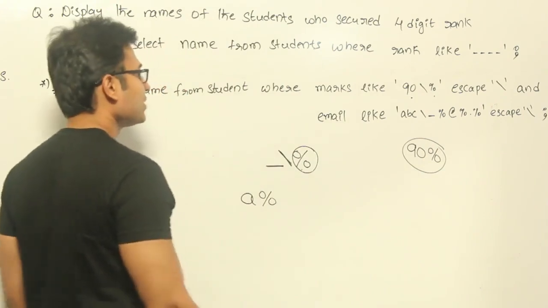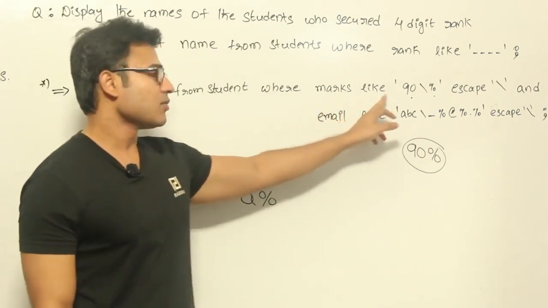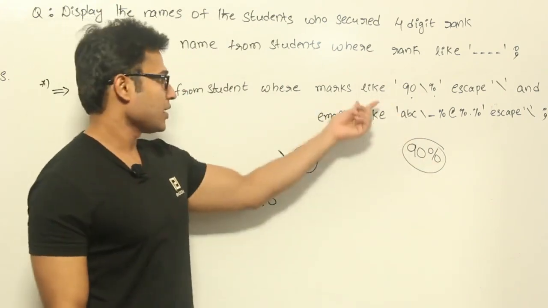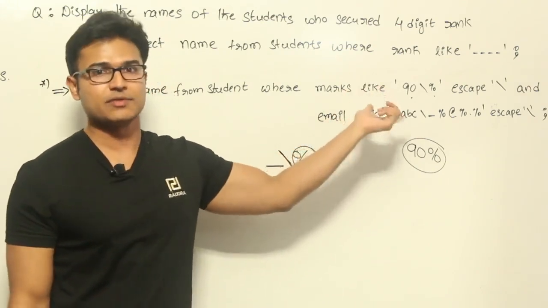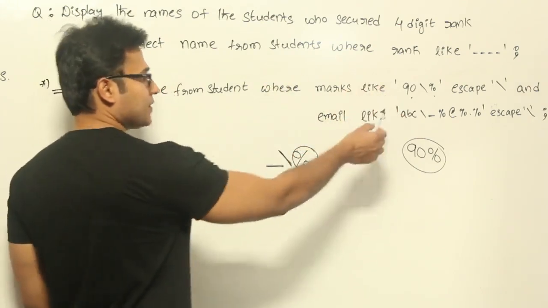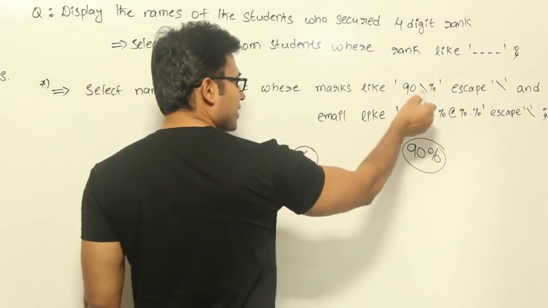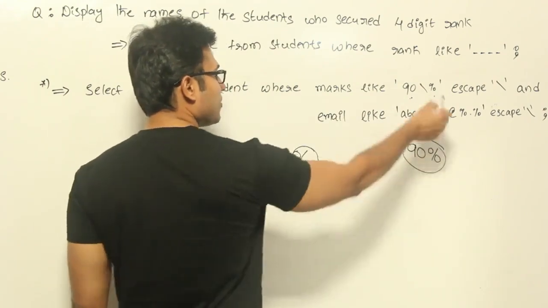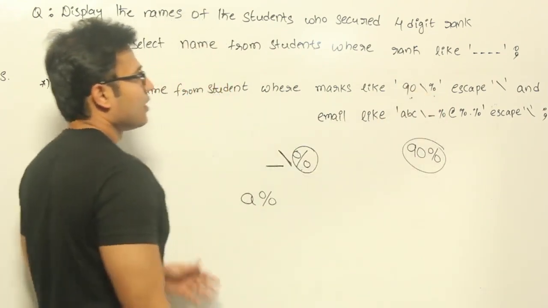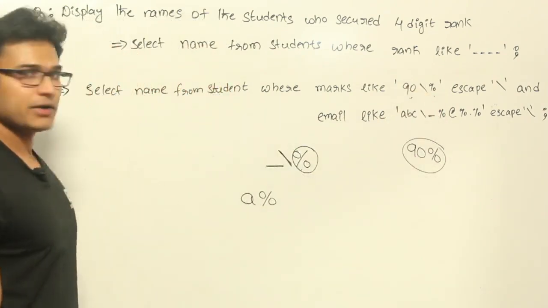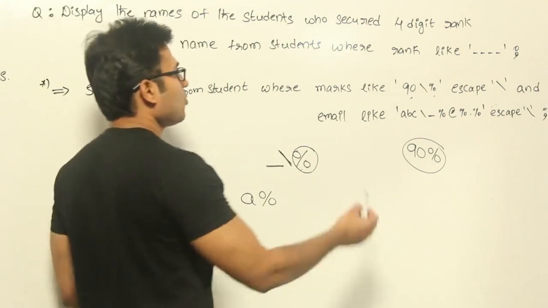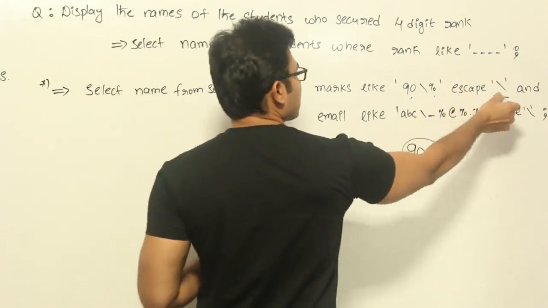The other way of writing it is directly marks equal to 90%, but here I want to experiment, that is why I am using this way. This percent has to be taken as part of the data, and it should not be interpreted as a wildcard. So escape means this.